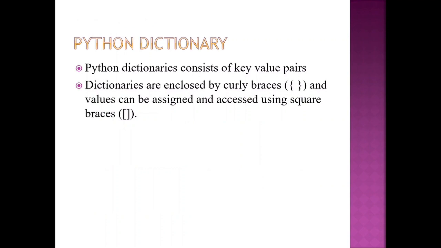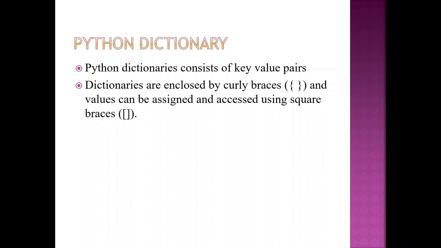Okay. Our next data type is Python dictionary. Python dictionaries consist of key value pairs. That is, in list and tuple, we have elements of different data types, but everything is a single element.